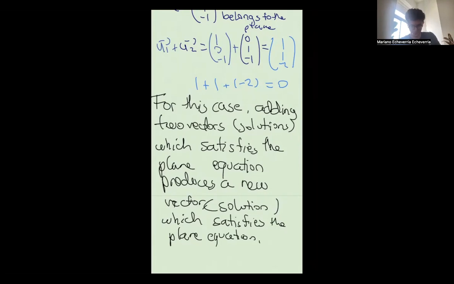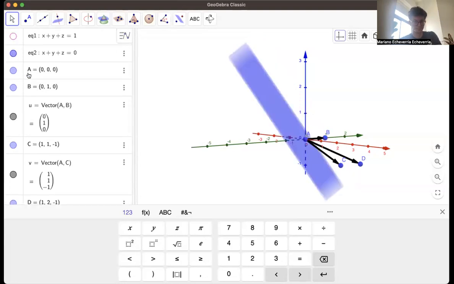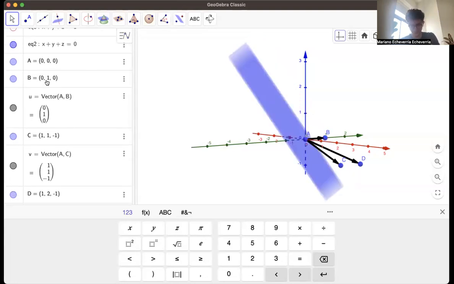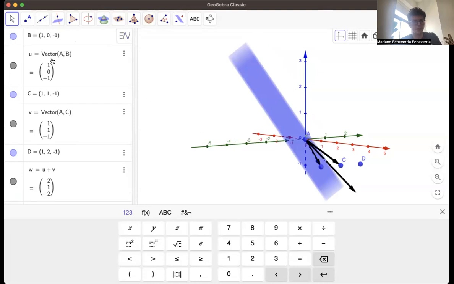So let me go to GeoGebra to show you that again. I can show you this equation now. See, this is one of the vectors.